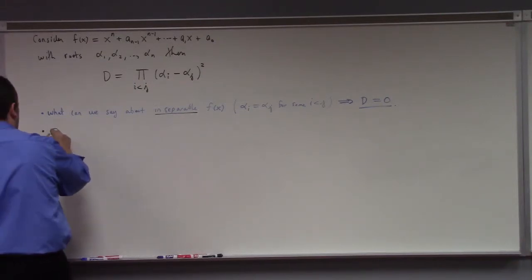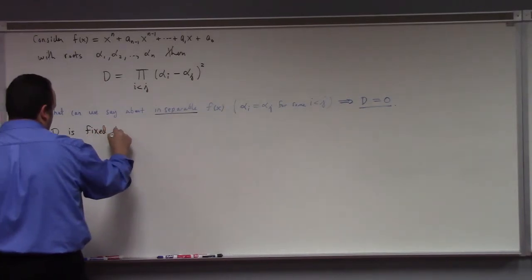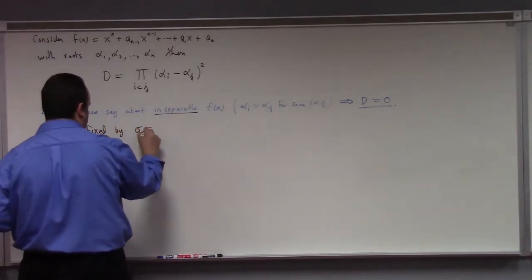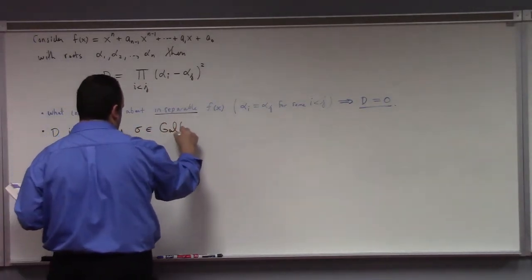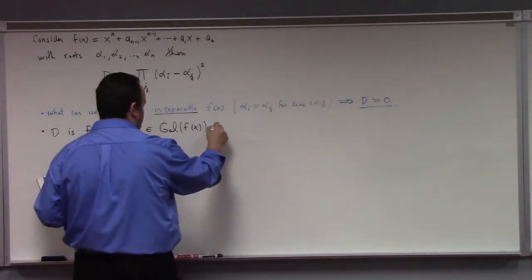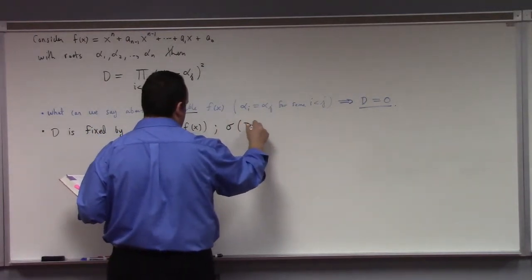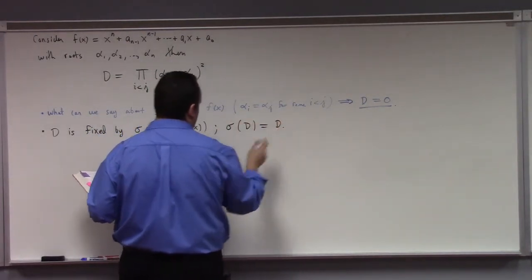So D is fixed by sigma in the Galois group of the polynomial, right? In other words, sigma of D is equal to D.